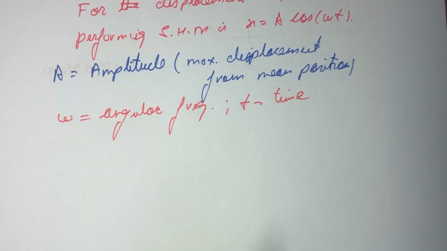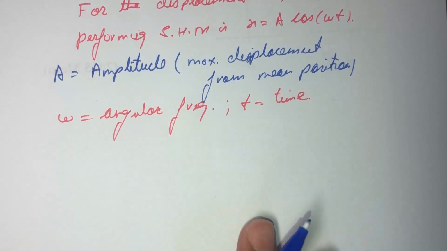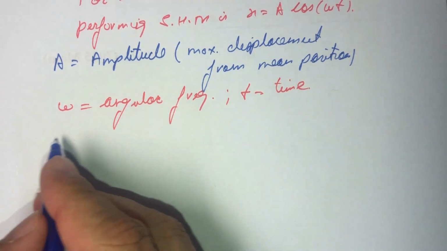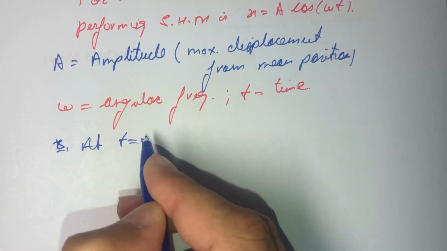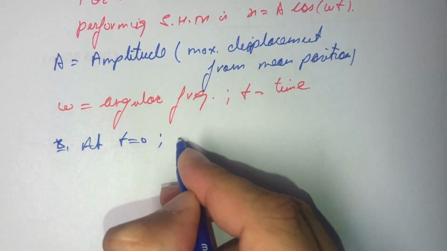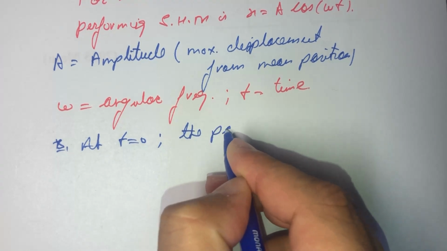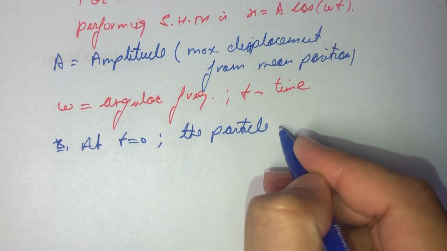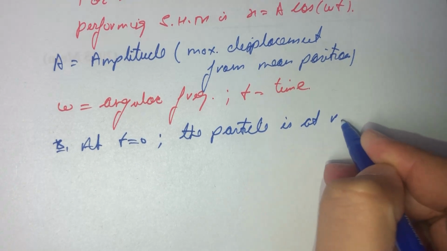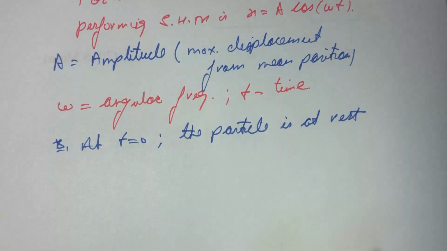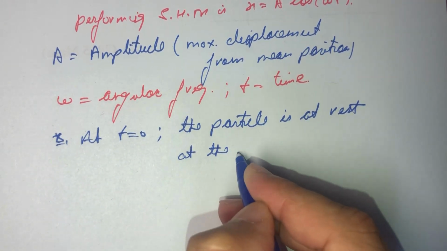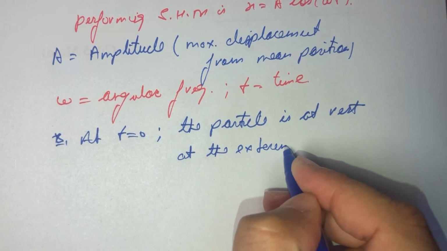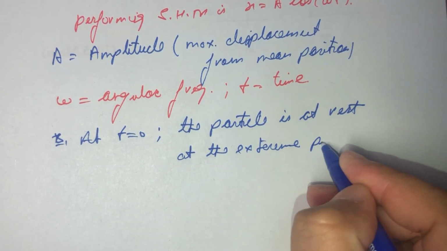So it says that the particle starts from rest, and from there we can say that at t equal to 0, the particle is at rest at the extreme position.